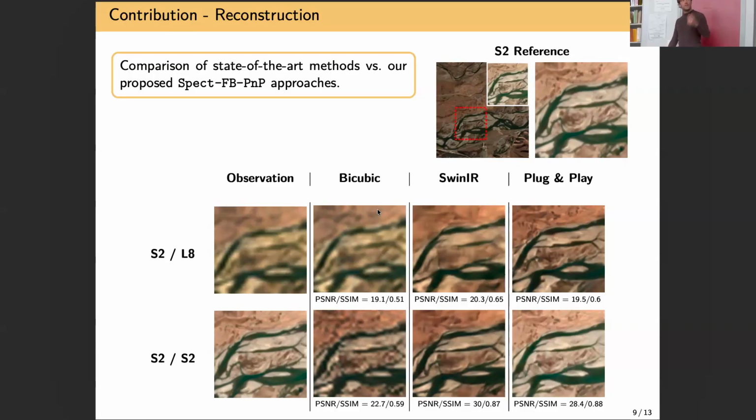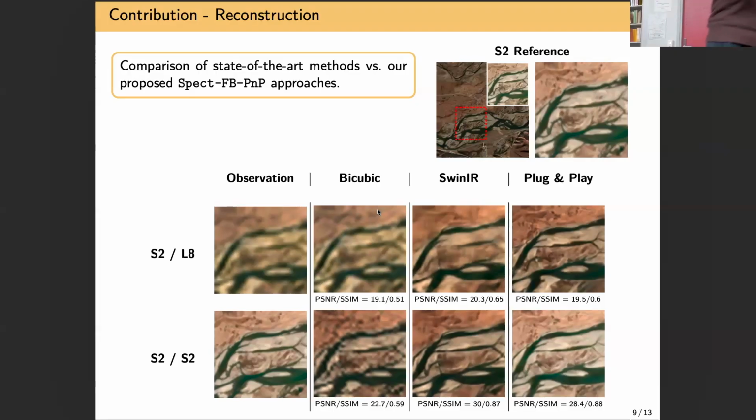So now, as you can see, if you take a look at the metrics, we can say that SwinIR has the best metrics compared to the two other approaches. A bit sad for us. But if we take a closer look at the images that we obtain from the plug-and-play approach, we see that the river structure is better reconstructed with our plug-and-play method.